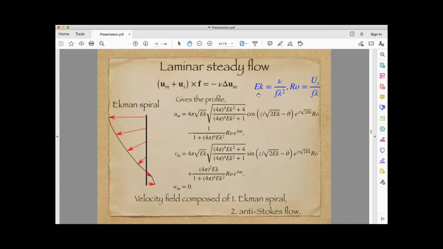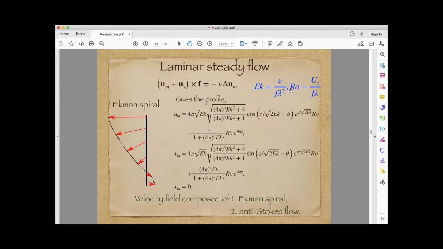So we can solve this equation for the mean flow, and it's not very difficult. You can just look for steady solutions, and you get a laminar steady solution with the effect of viscosity. I'll write it in terms of non-dimensional numbers.